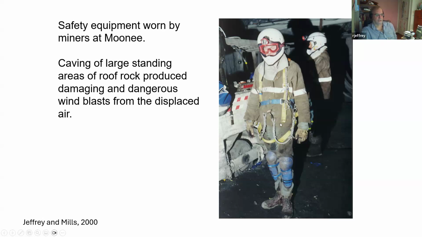So they had microseismic monitoring in place that would give warning of a wind blast, but it also gave false alarms. And of course, it wasn't a pleasant working environment if you had to rely on jumping into a safe haven and attaching yourself to a piece of equipment as your last resort.